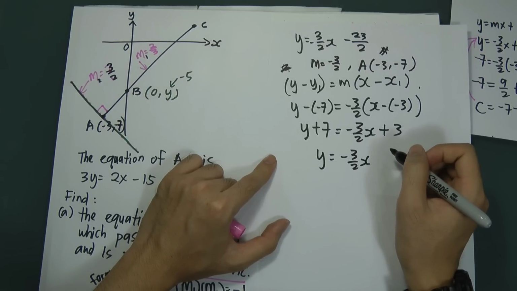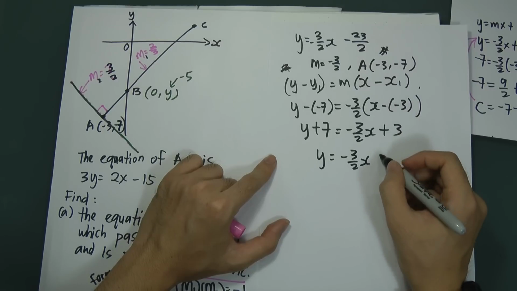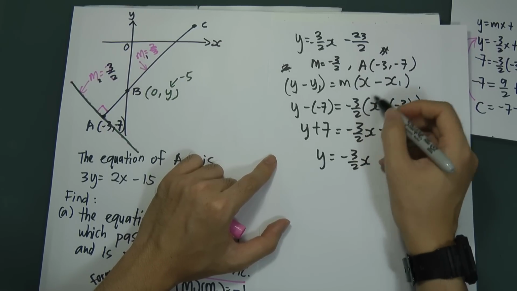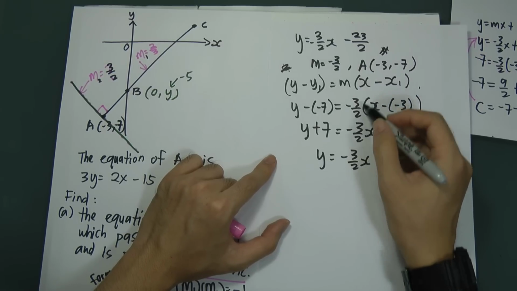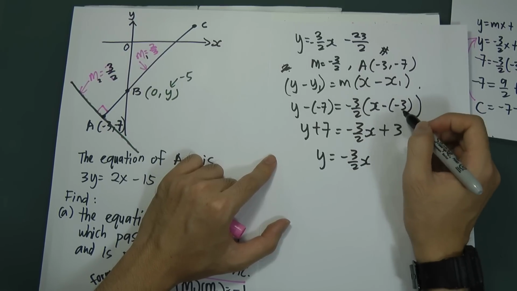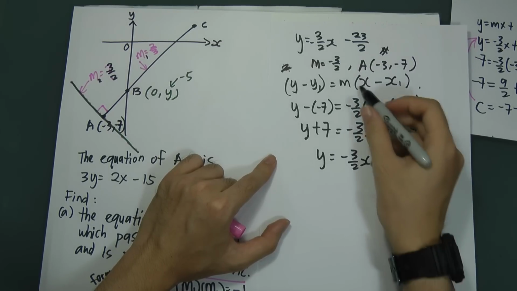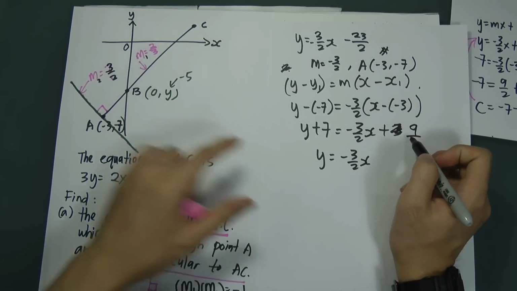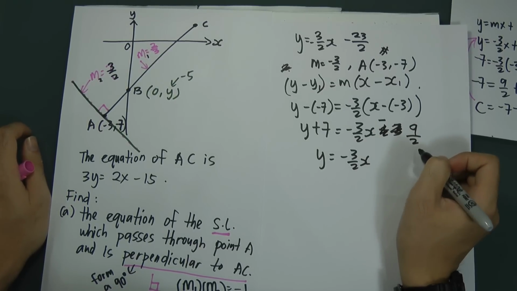And then, this one you have to multiply in. This one multiplied by x, you get negative 3 over 2x. This one multiplied by plus 3, you get negative 9 over 2 after moving it across.